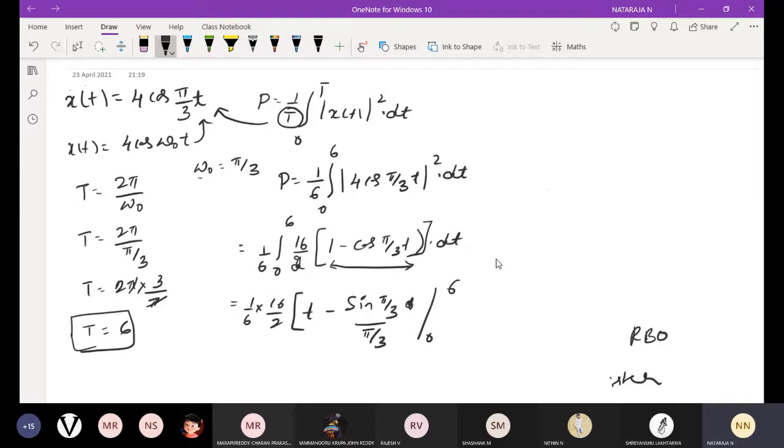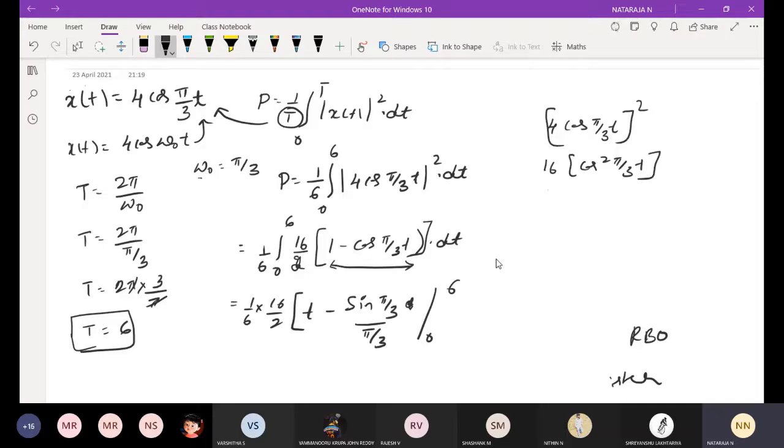Sorry? For cos square, you have taken 1 minus cos 2 theta by 2, sir. Cos 2 theta, you have taken only cos theta, sir. See, the 2 I have taken outside already, 16 by 2. Here we have a 4, no? Your equation will be like this: 4 cos pi by 3t whole square. We can write 16 into cos square pi by 3 into t.